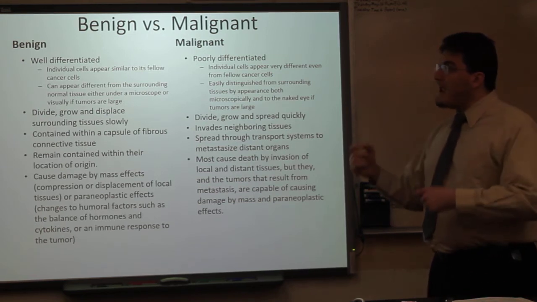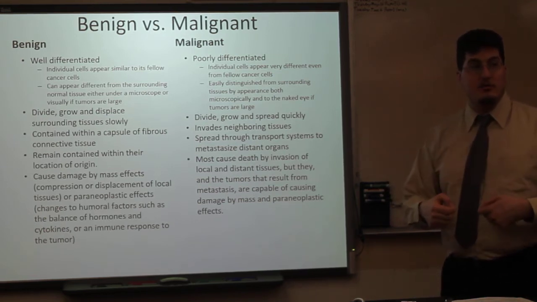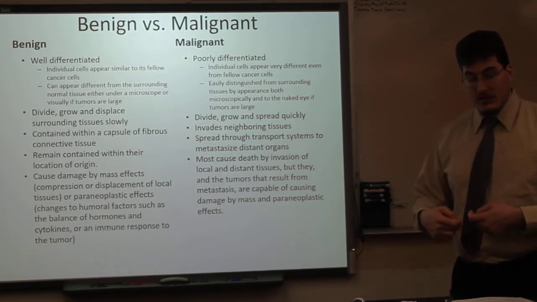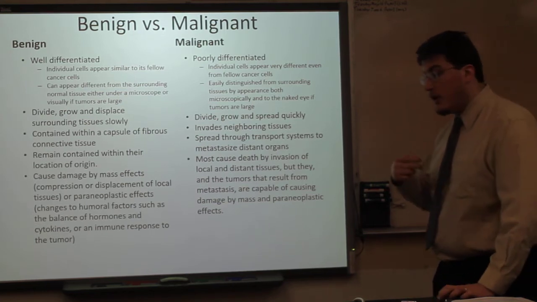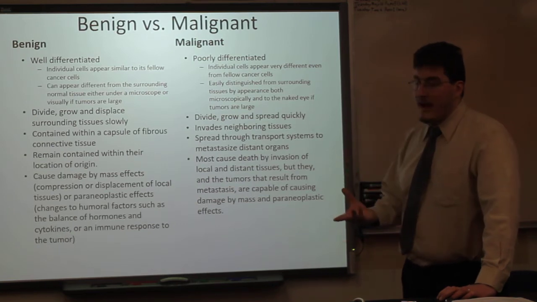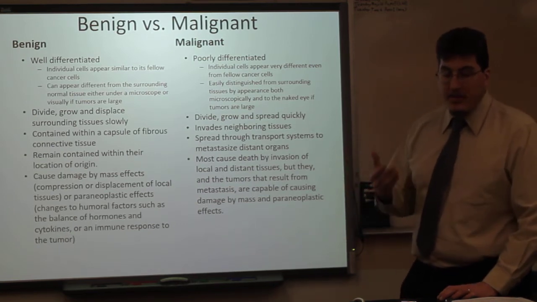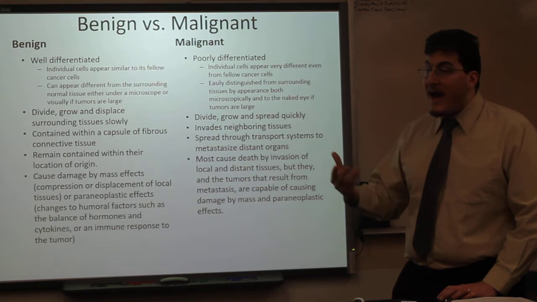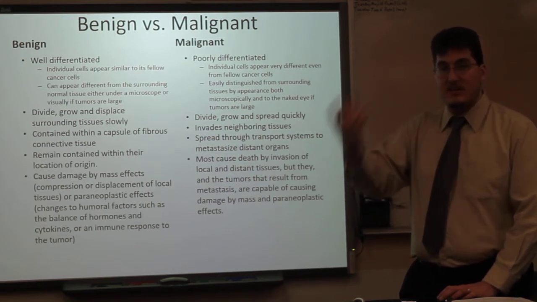Now, the way that a benign tumor can cause damage to the unfortunate person who has these tumors is through mass effect, and that's not the video game. That is an effect caused by the mass that is the tumor.